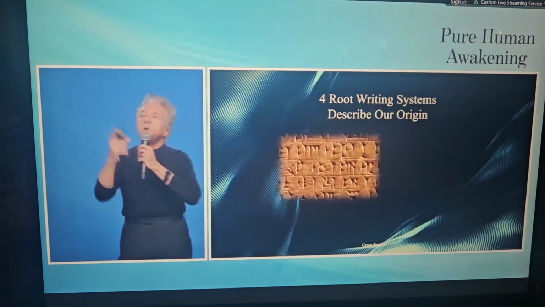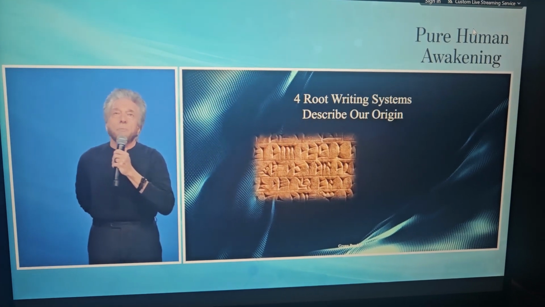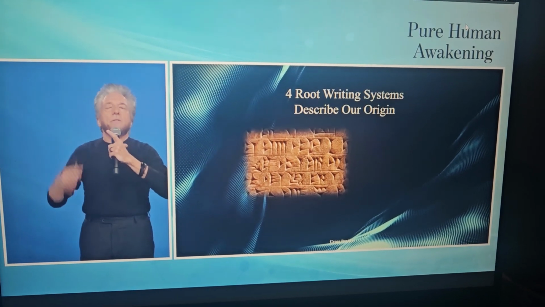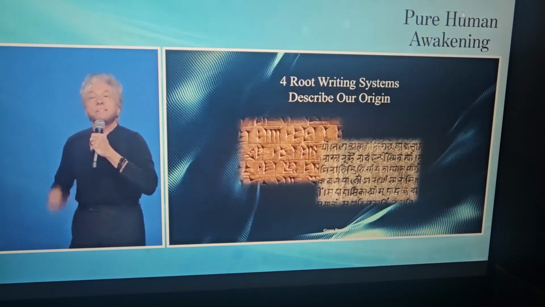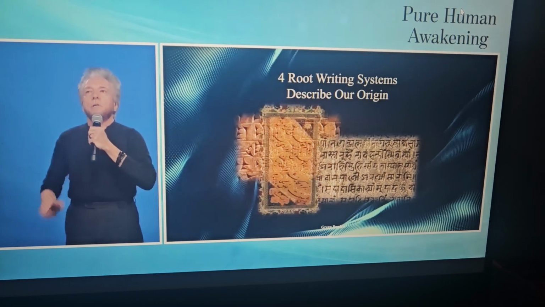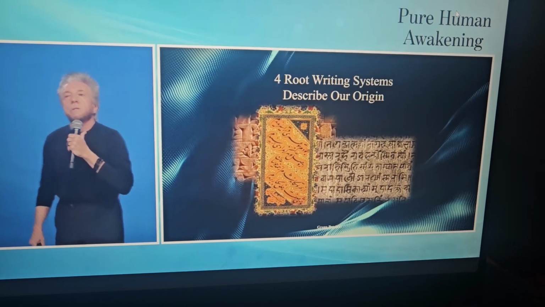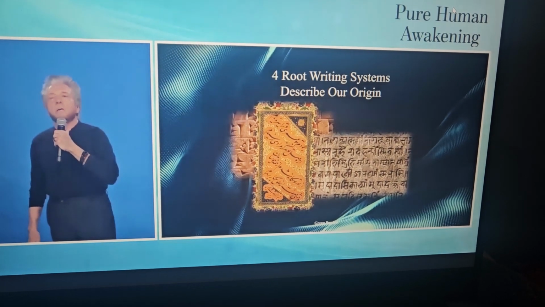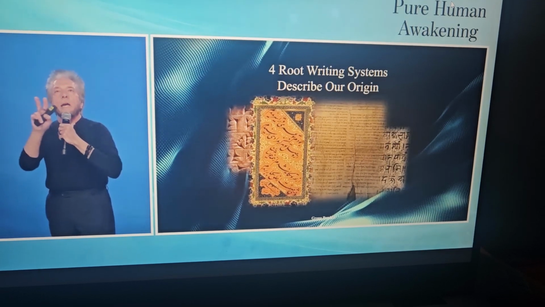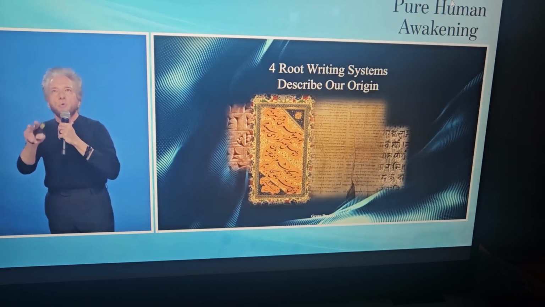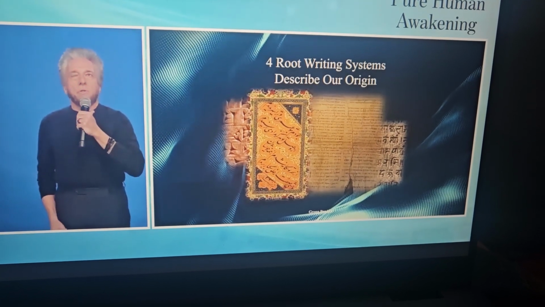One of those is called cuneiform. It's not an alphabet. It's actually a writing system. Interestingly, from cuneiform, Sanskrit is derived, as well as Arabic and Hebrew. These are 4 ancient root or core writing systems.